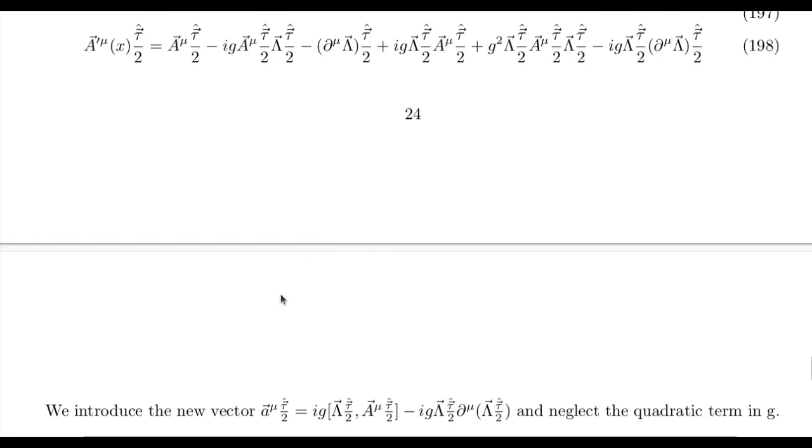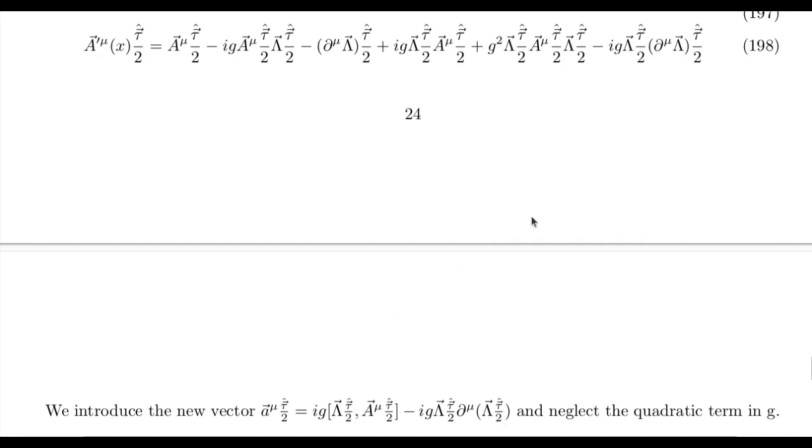and here we introduce a new vector, small a. If we look at the terms here in 198, then we see that this term is the same term like this, but a and lambda are exchanged and the sign is different. So that means we could write that as a commutator here.